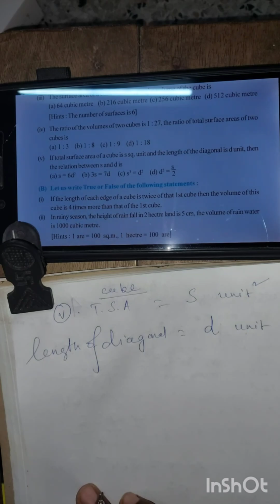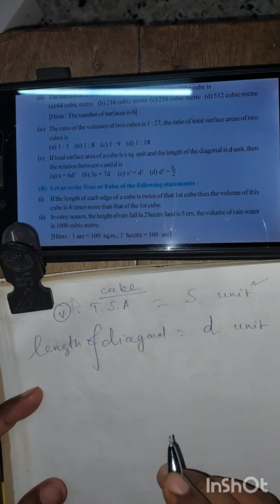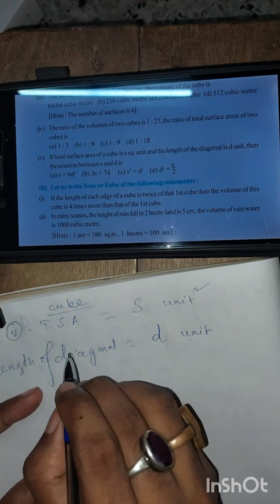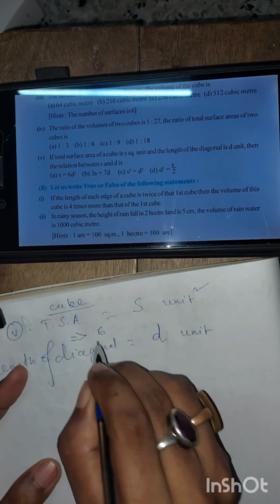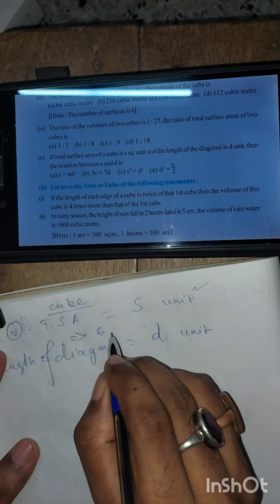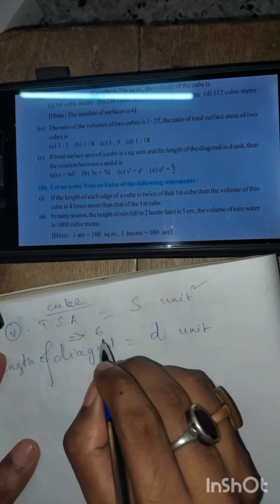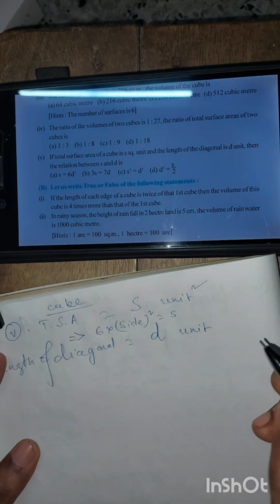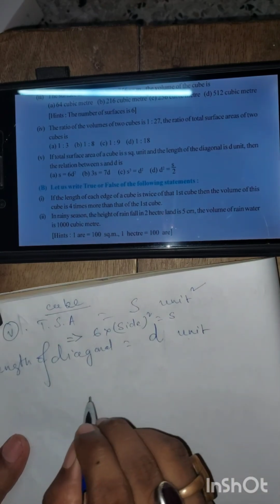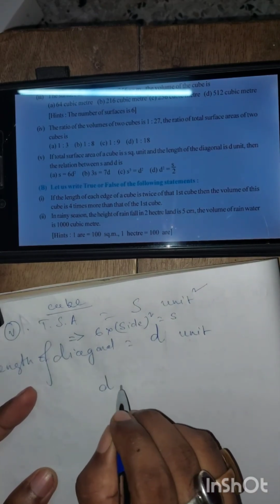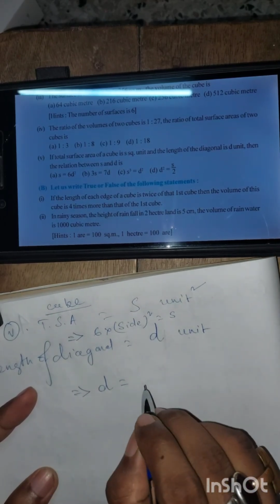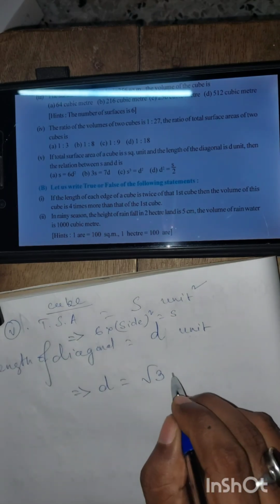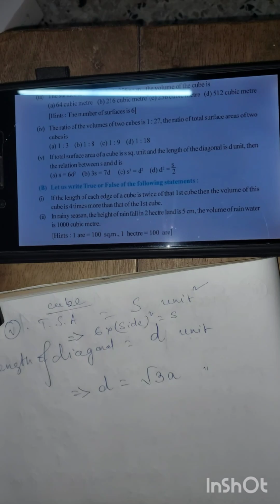So total surface area we know is 6 into side square, and length of diagonal is equal to root 3 into side unit.